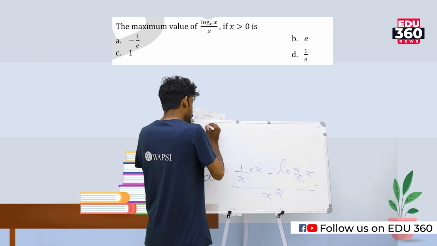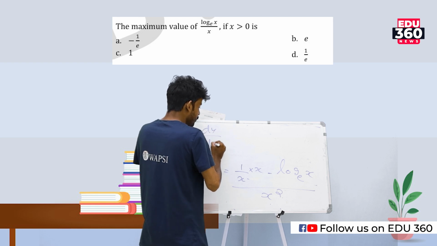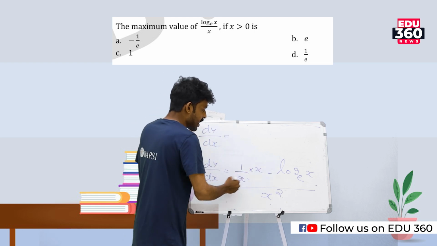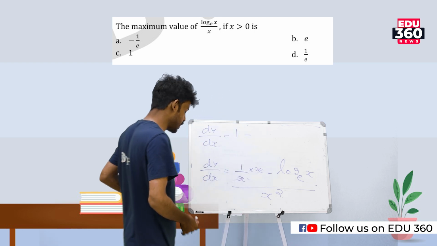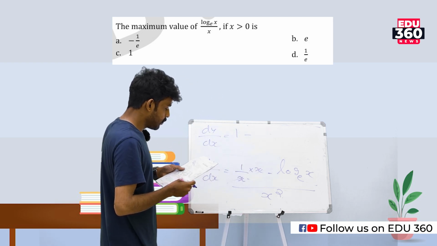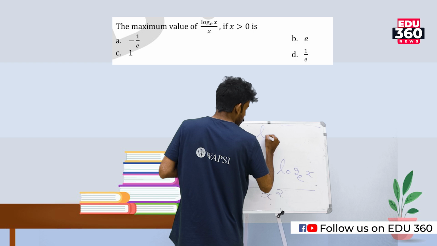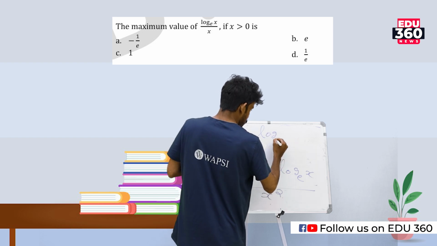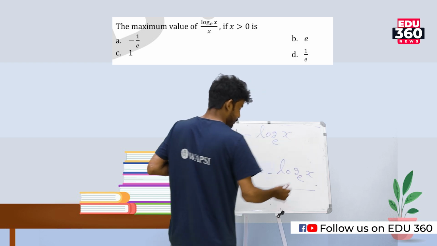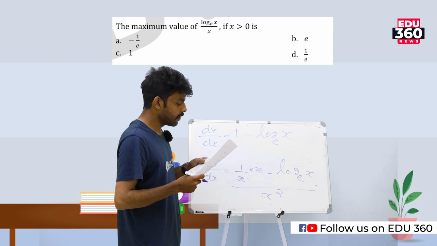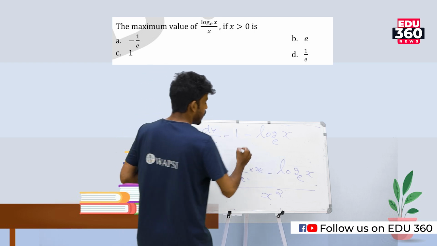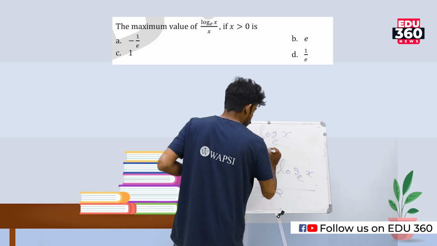So dy by dx is equal to, we can cancel x here, so it will become 1 minus log e x divided by x square.